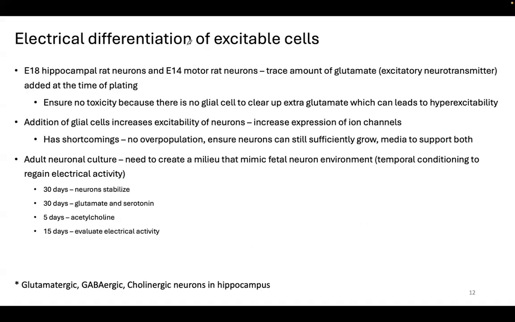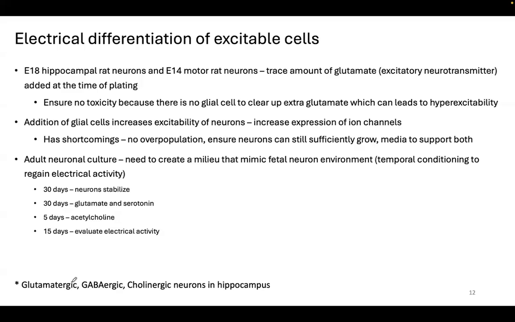So we talked about neurons until now, but we never talked about what sort of neurons they are. We said motor neurons and hippocampal neurons and all of those. Briefly, there are a lot of neurotransmitters.